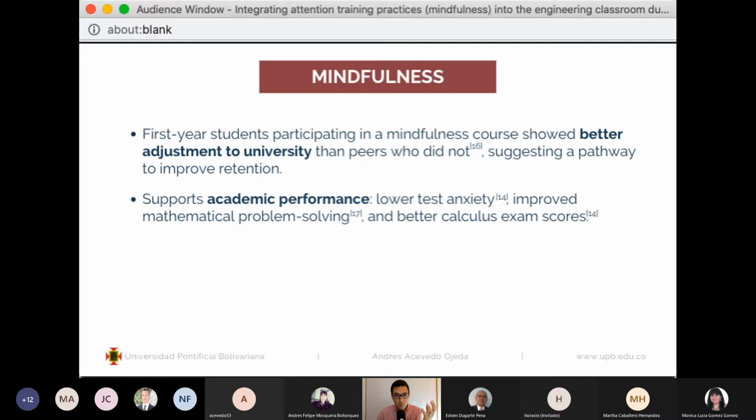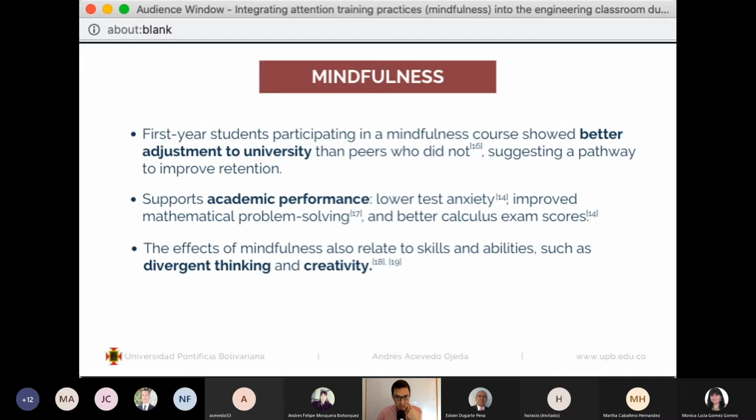Mindfulness has been shown to support academic performance with studies showing strong relation with lower test anxiety, improved mathematical problem solving, and better calculus exams. Additionally, scholars have suggested that the effects of mindfulness are also related to other skills and abilities, such as divergent thinking and creativity.